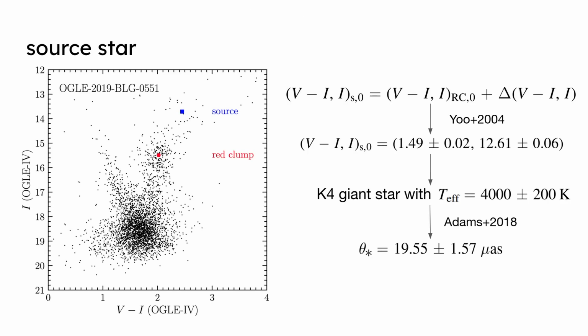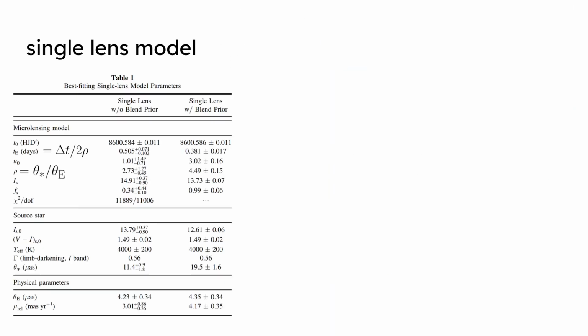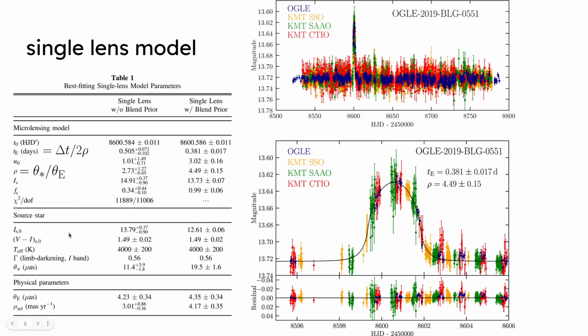Okay, so now that we've established that it is a single lens with no blending, now we can try to get some physical parameters of the lens. There are two that they want to get.